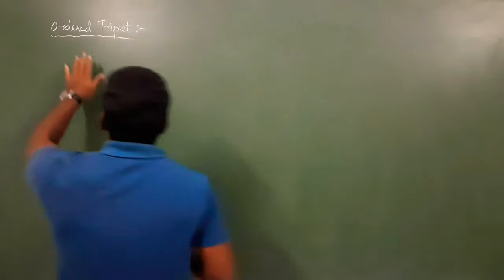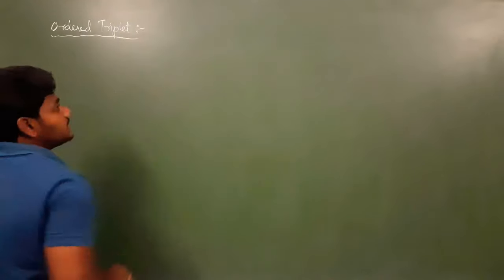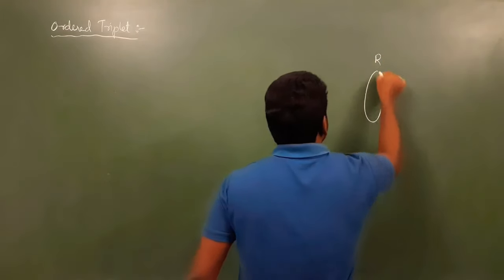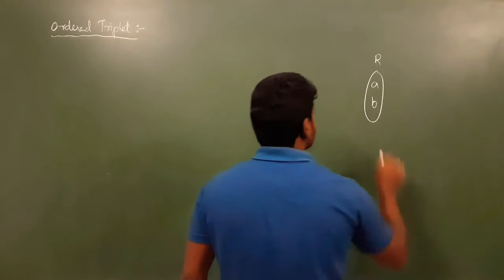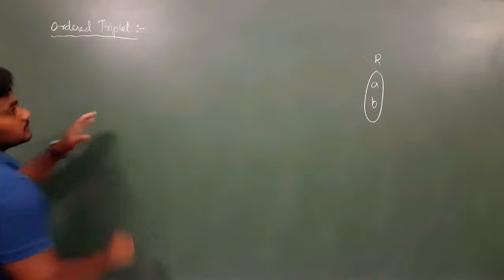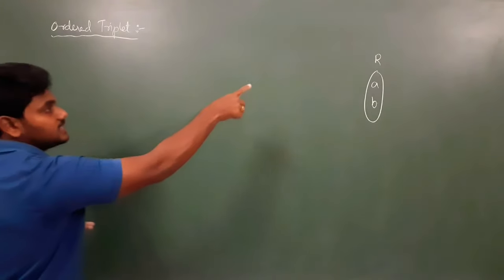For the meanwhile, how do we write an ordered triplet? For example, I will consider R is a set of A comma B, right? So that is the example I will tell. When do we get an ordered triplet?